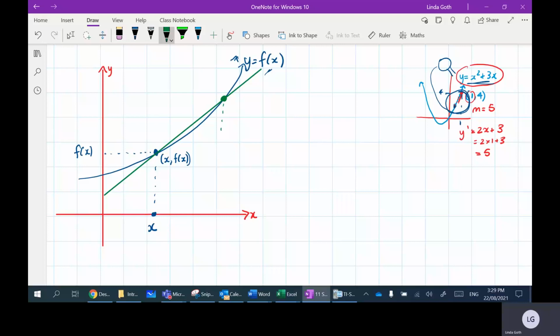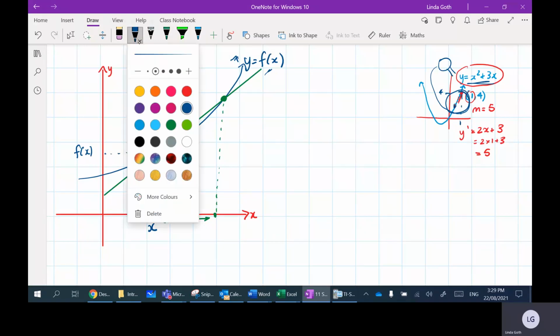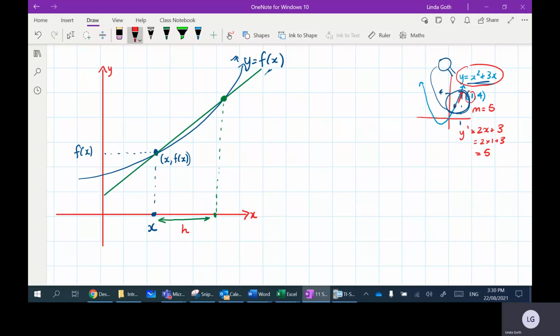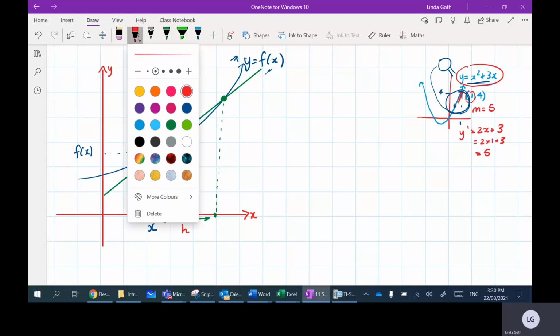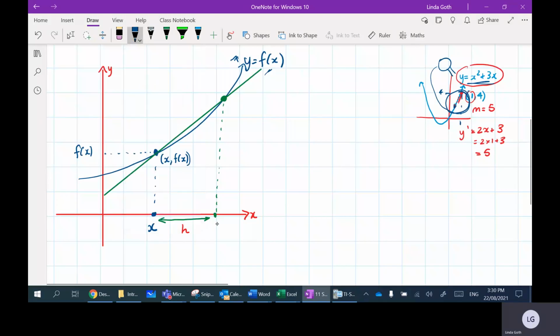Now, what's this point here? Well, I'm going to say that the length of this distance between these 2 points is equal to, I'm going to call it h, a little bit of height between the two of them. So I hope you agree that that makes this x value here equal to x plus h.